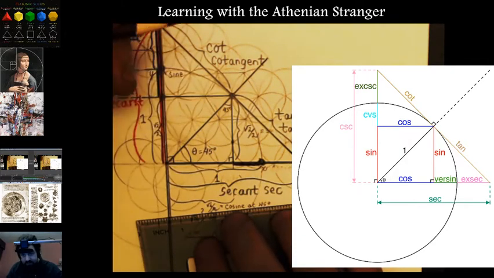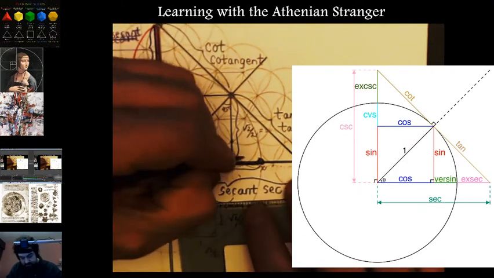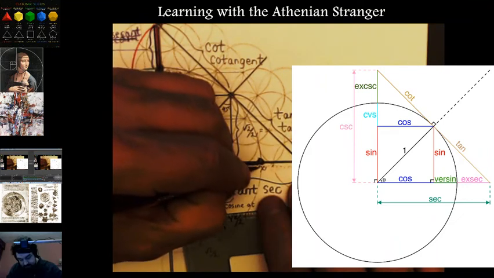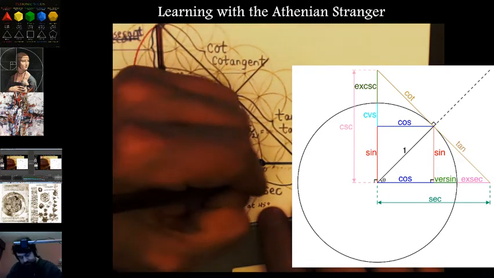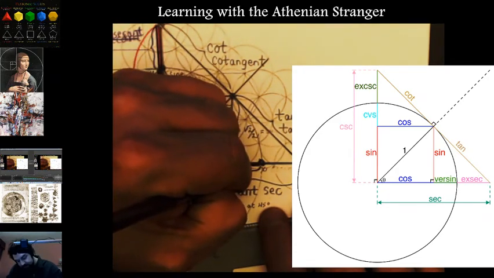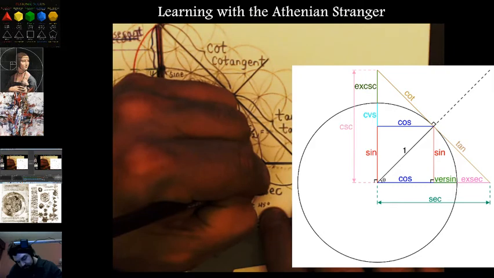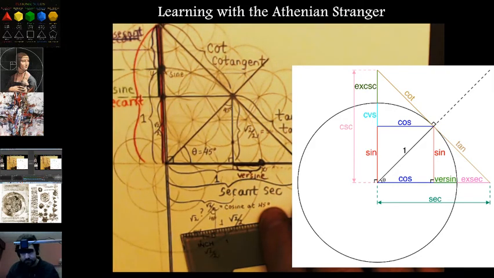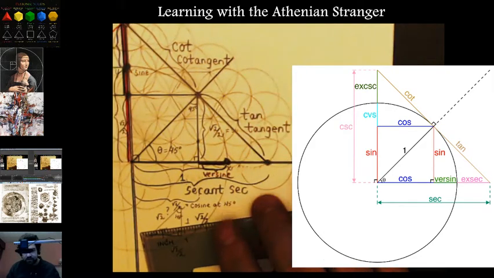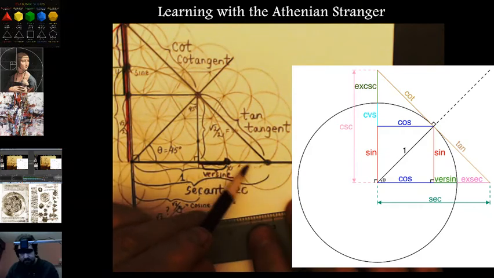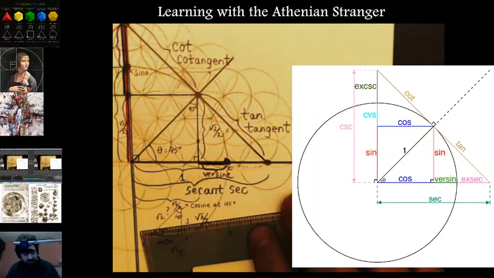This distance here is the versine. And then this distance right here is the x secant.